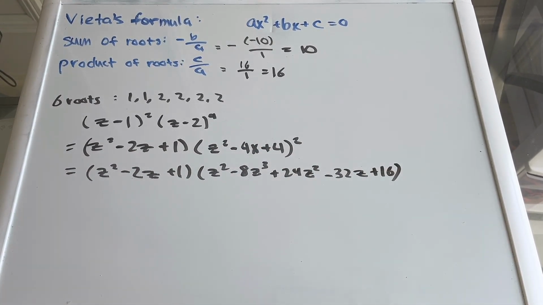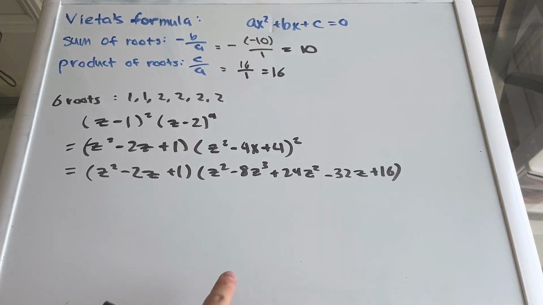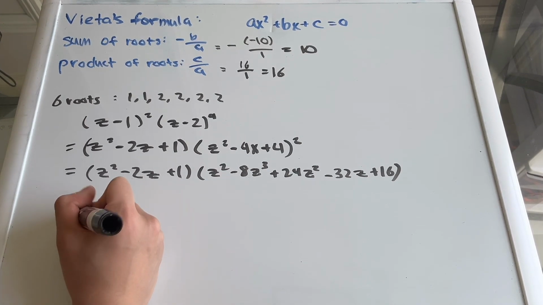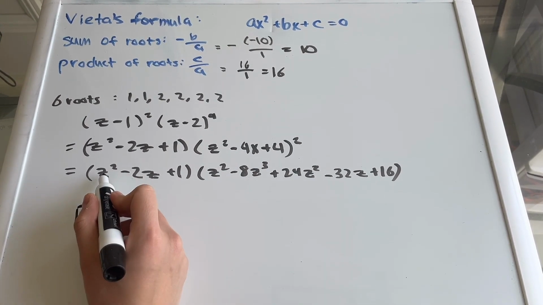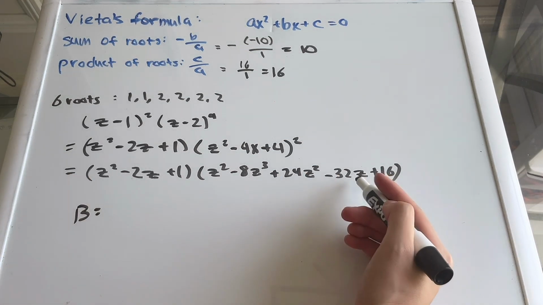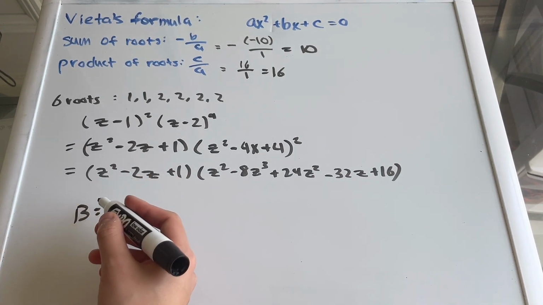Since it is asking you what is the value of b, and b is the coefficient where z is raised to the 3rd power, we can just calculate the z to the 3rd power terms. If it's raised to the 2nd power, how are we going to get it to the 3rd power? Well, we multiply by negative 32z, and then it will be negative 32z to the 3rd power.